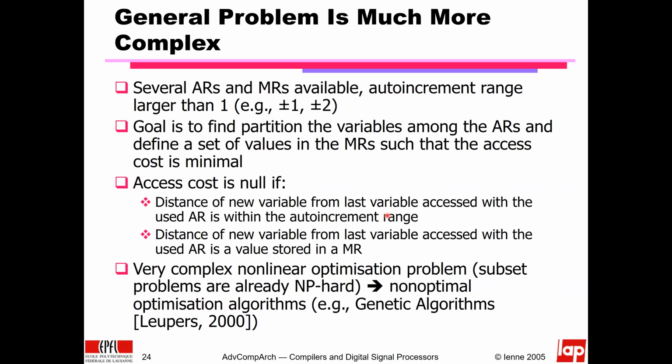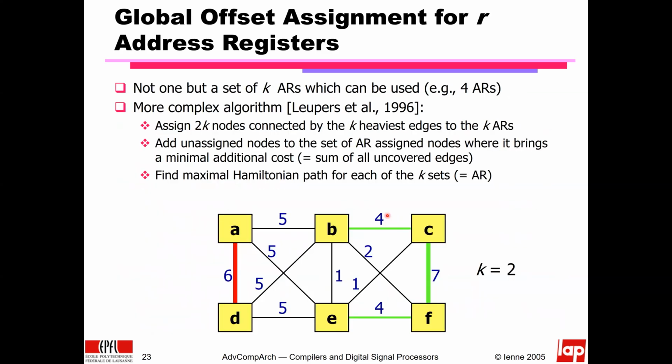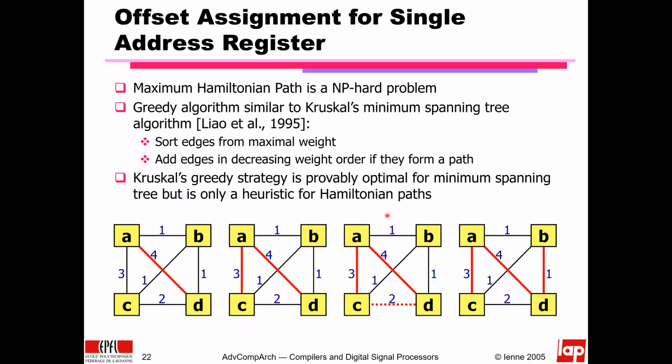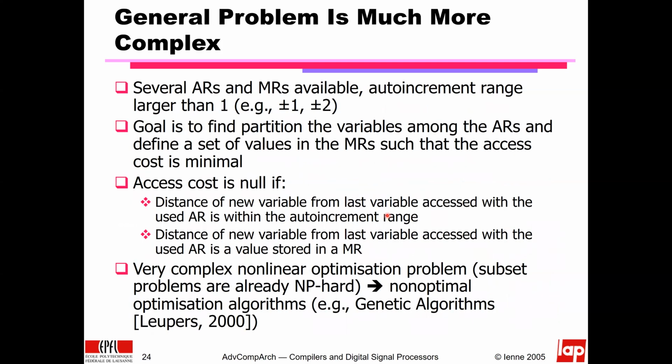I have also the flexibility to load in the modify register some values, right? There are some values that occur many times and are not constant that I could put there. So you can easily imagine that this started with a problem that is incredibly elegant and simple, and became a mess, where even writing the formal definition of the problem becomes extremely hard.